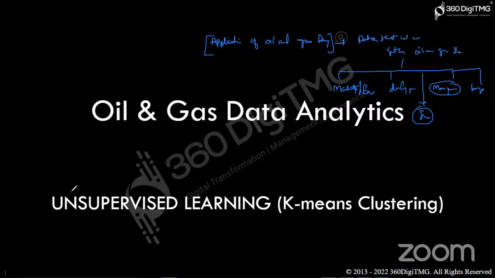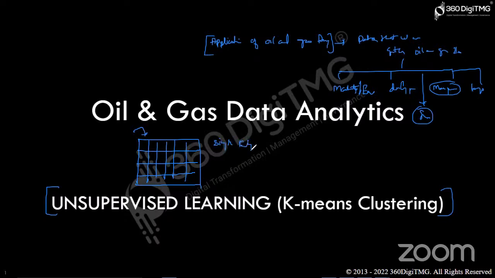Today we are going to look into unsupervised learning. So what is unsupervised learning? If I have structured data, I am going to consider this data as a single entity. That means in this data, I have only input variables.